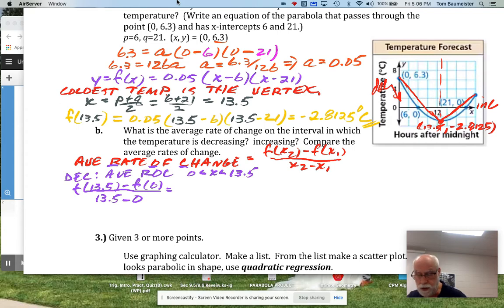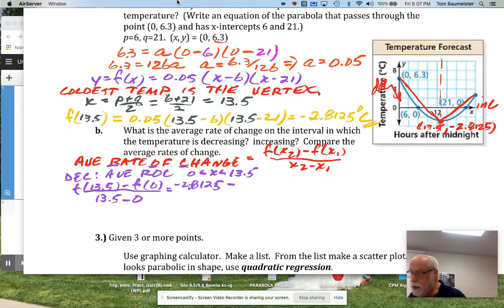All right. So remember, at 13.5, that is our x value. Our y value is negative 2.8125. So I'm going to say it was negative 2.8125, and I'm going to subtract, well, when x is 0, what is our y value at f of 0? It's 6.3.